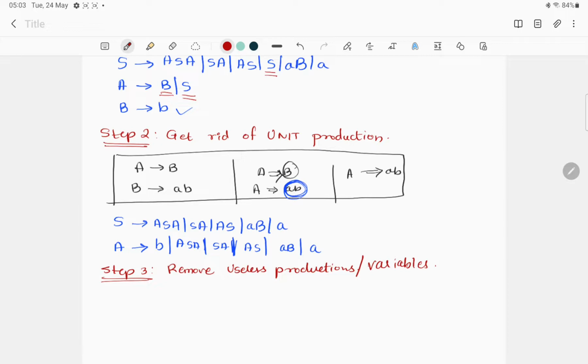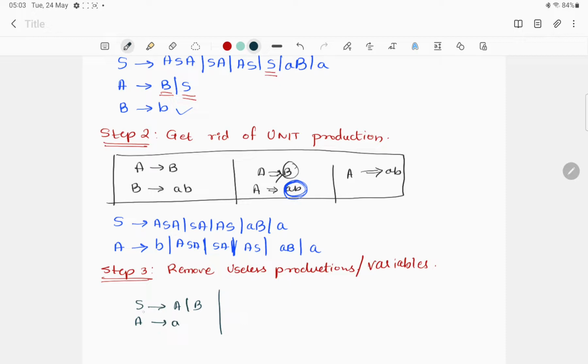The third step is to remove the useless productions or variables, but in the given grammar there are no useless productions or variables, so we simply don't remove anything. A useless production is something where, for example, S is going to A or B and A is giving you A, but B is not giving you anything.